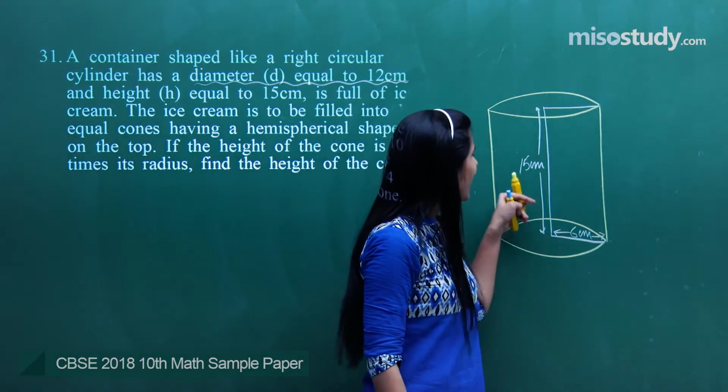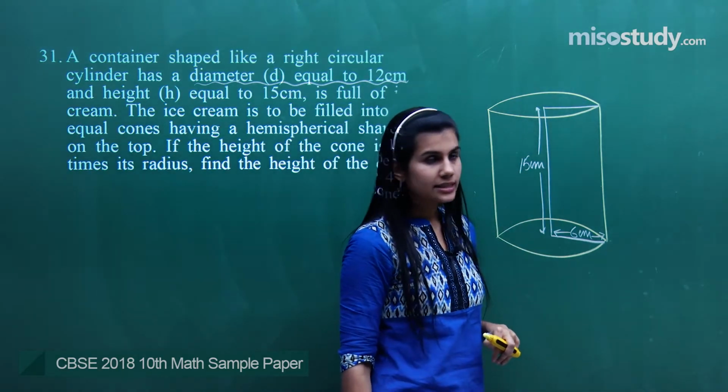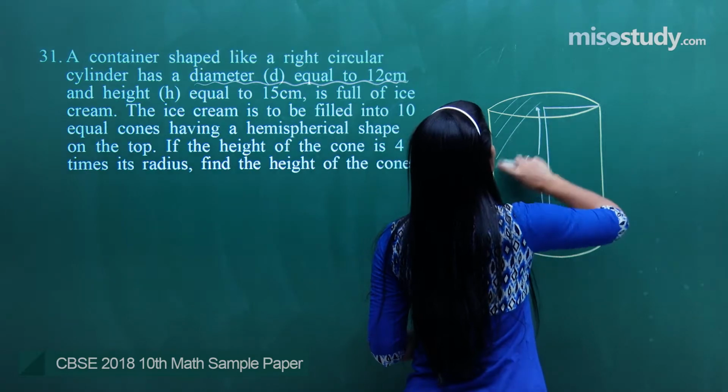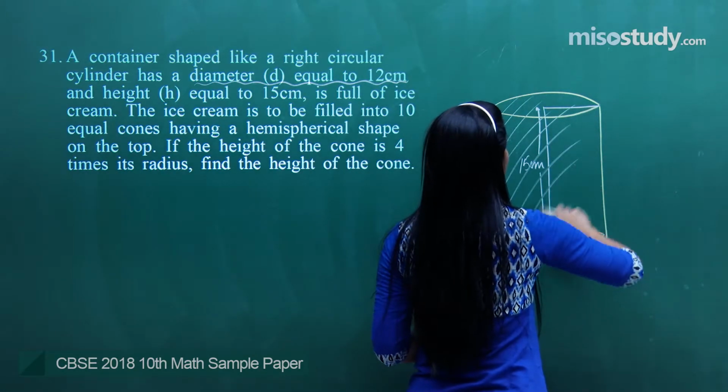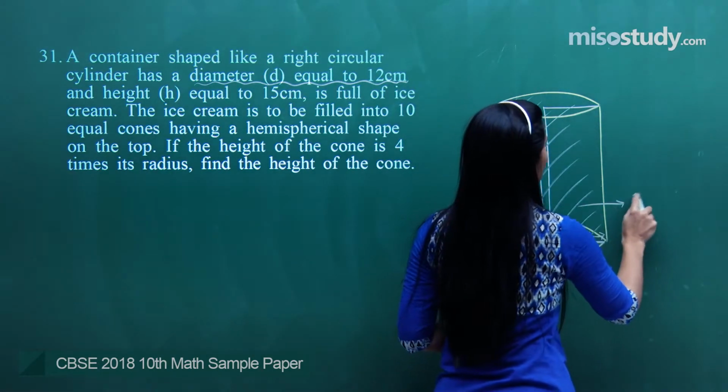Okay? So you have the height and you have the radius. And this entire circular cylinder is filled with ice cream.